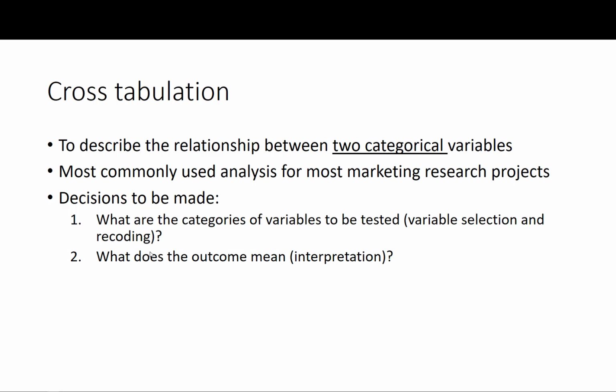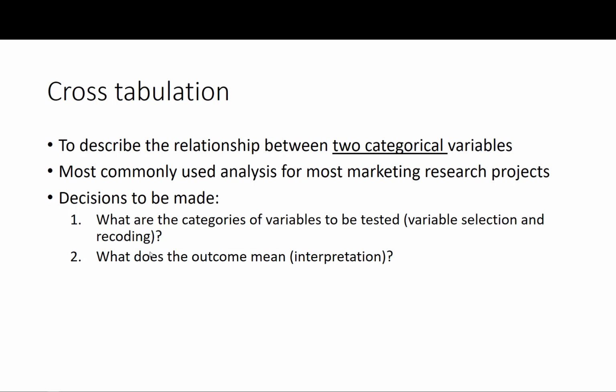The next thing we can do is a cross-tabulation in terms of descriptive statistics. This is used to describe the relationship between two categorical variables without necessarily testing for statistical significance between those variables.